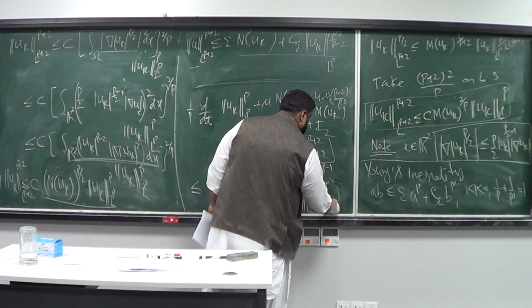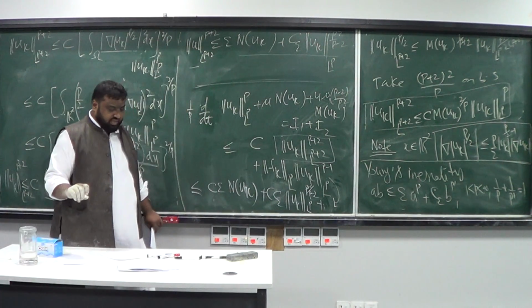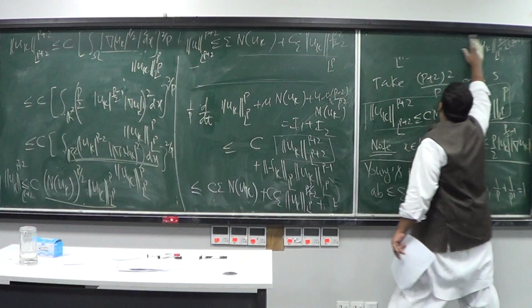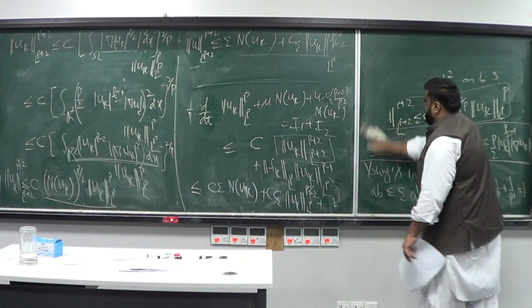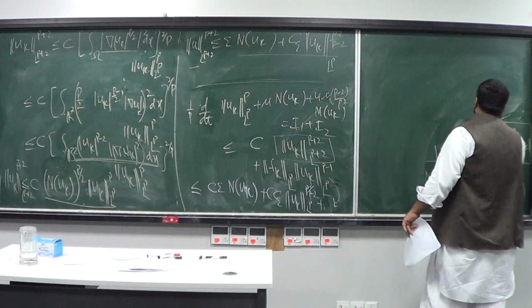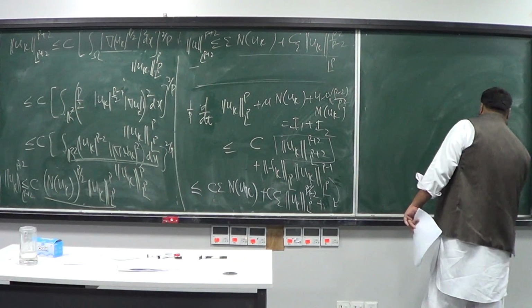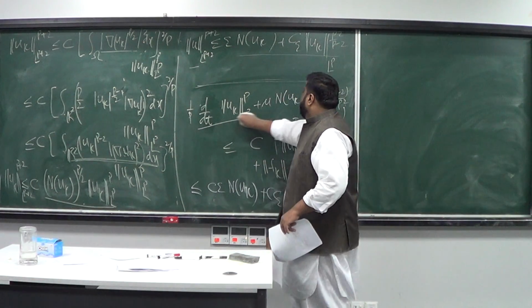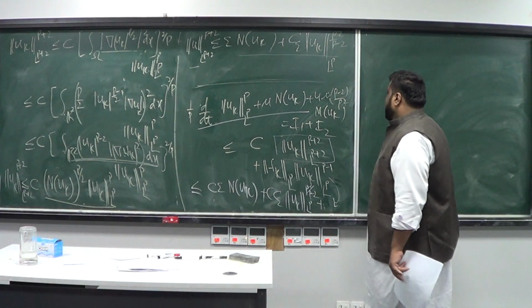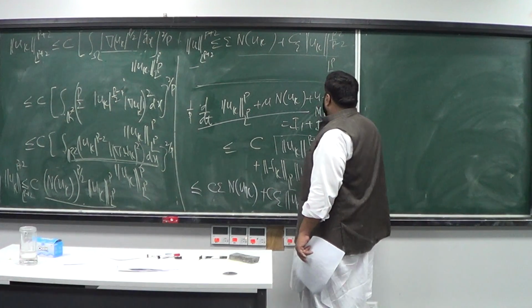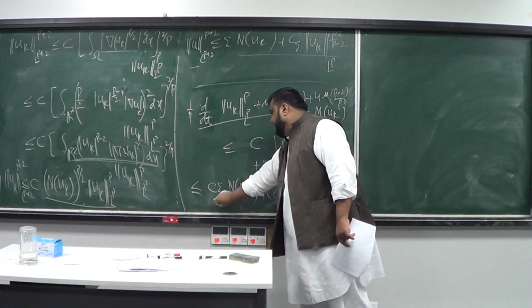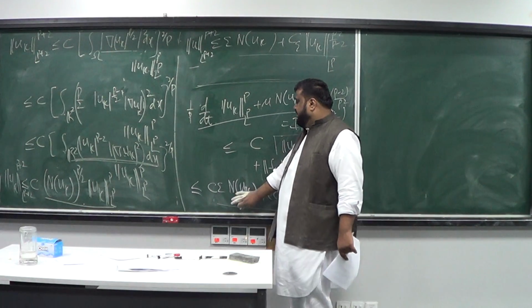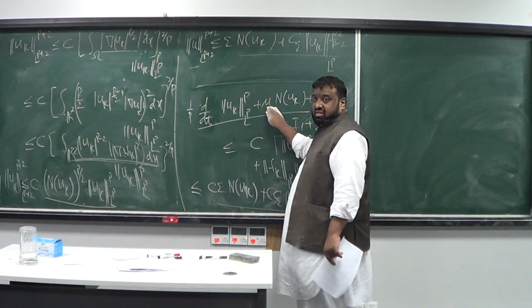So what you're going to get now, I can do what? On one side I have this object, and on the other side I have this object. So let's call this C_epsilon. So let's take this term on this side.